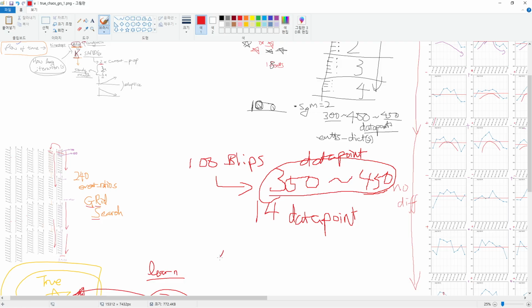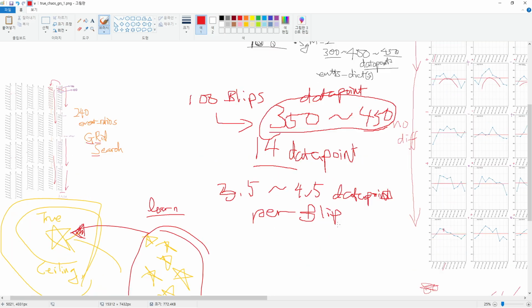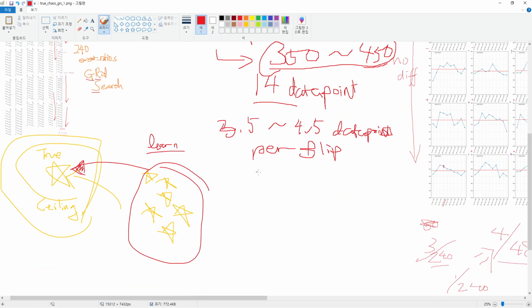So that's about 3.5 to 4.5 data points per blip. So 14 data points is about what? 3 to 4 blips.